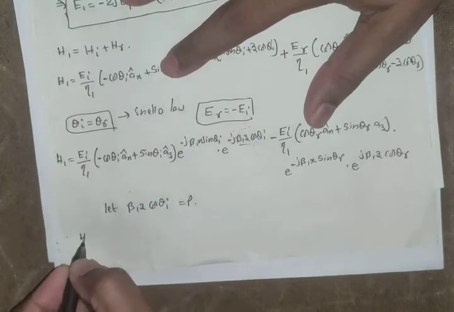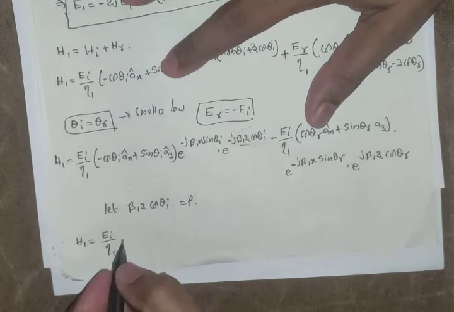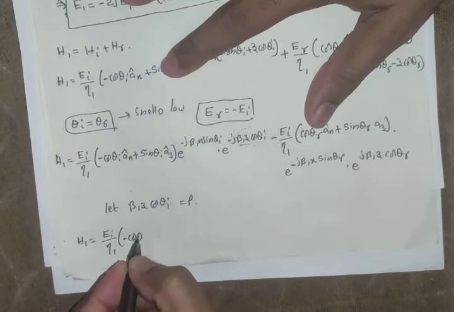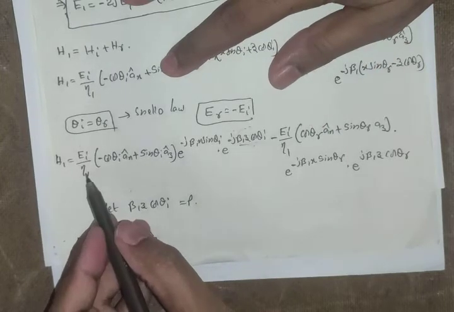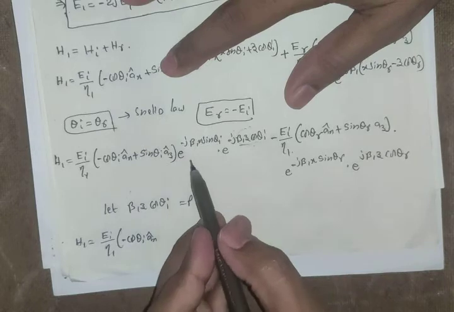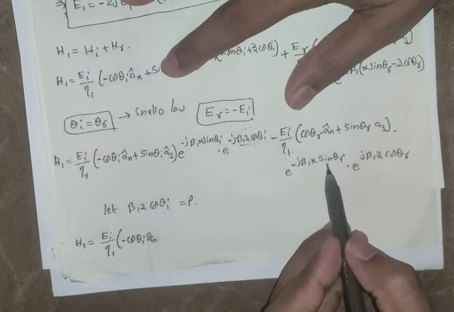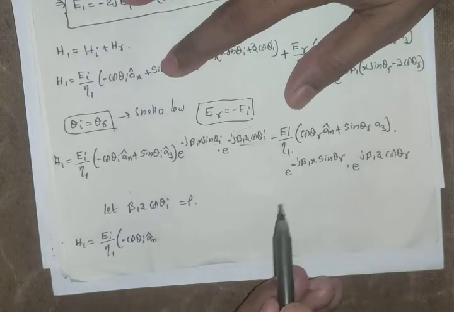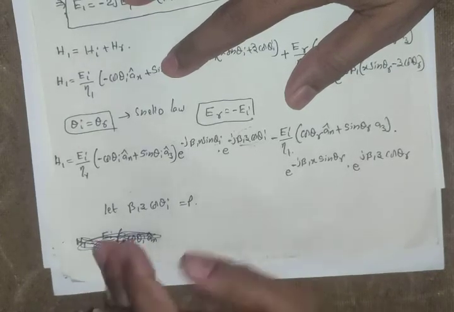So the total magnetic field H1 equals Ei by eta 1 into minus cos theta I into ax cap. Here Ei by eta 1 appears in both terms, and e to the power of minus j beta 1x sin theta also appears in both. All these terms are common, so I am taking them out of this equation.